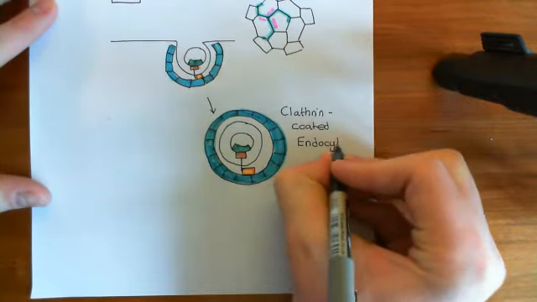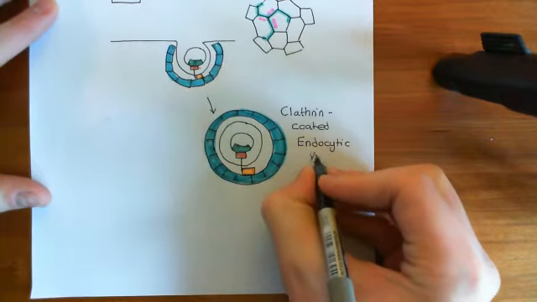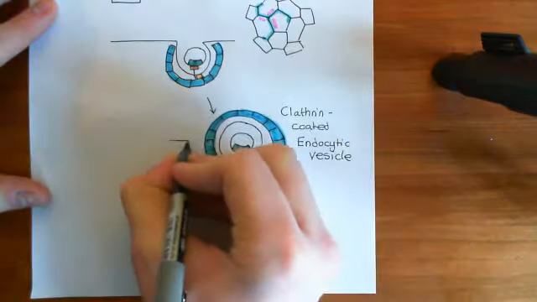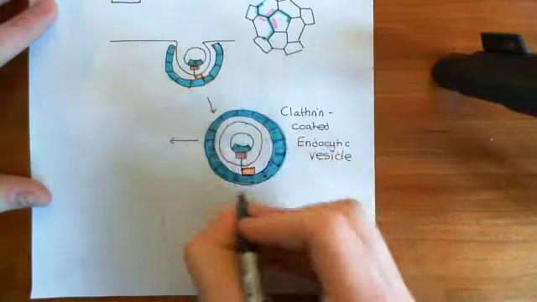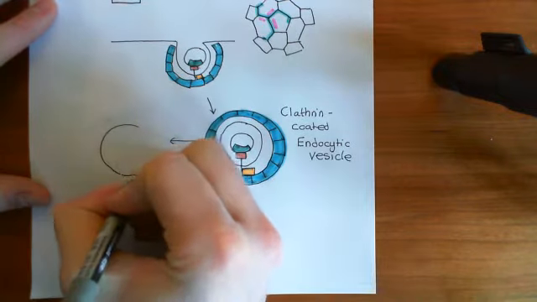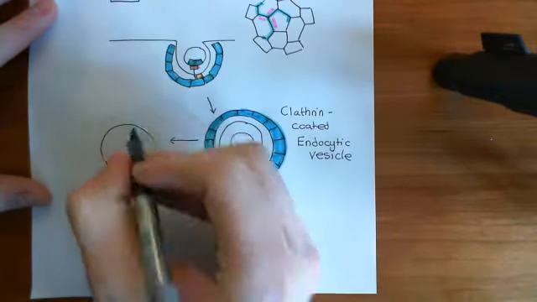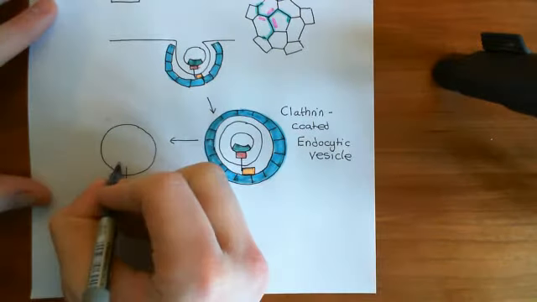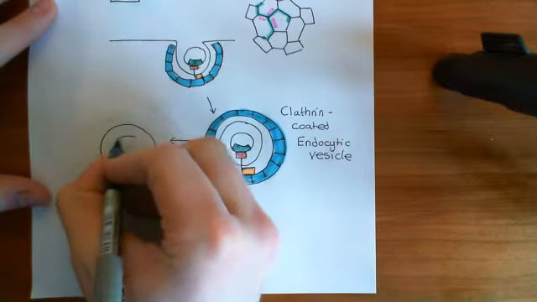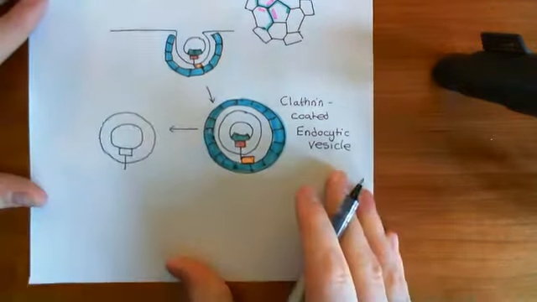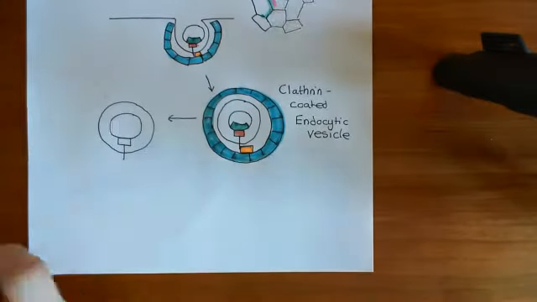Okay, and the first thing that's going to happen to this clathrin-coated endocytic vesicle is that it's going to uncoat. So the clathrin is going to come off the vesicle, and what you're going to end up with is the vesicle membrane here, like so. Then we've got our LDL receptor here, and then we've got our LDL molecule within the endocytic vesicle here.